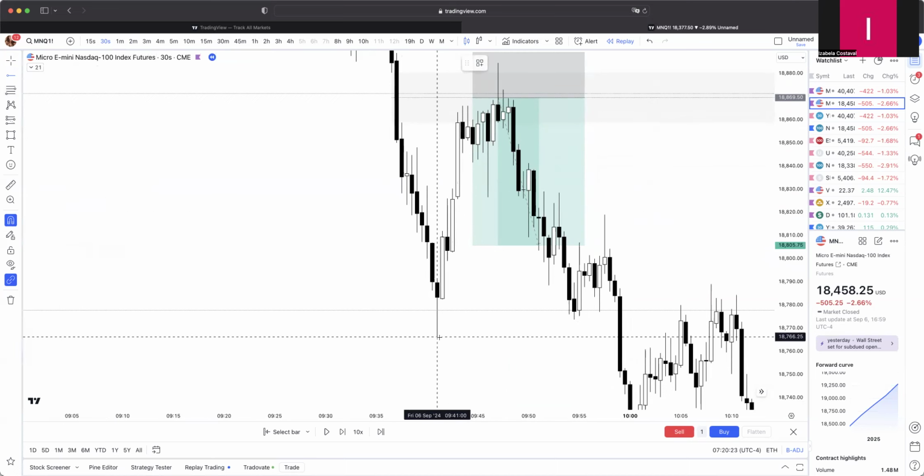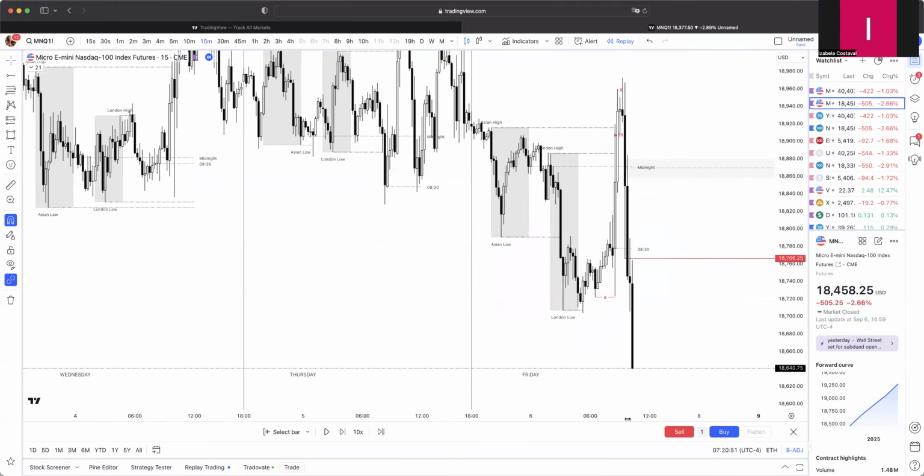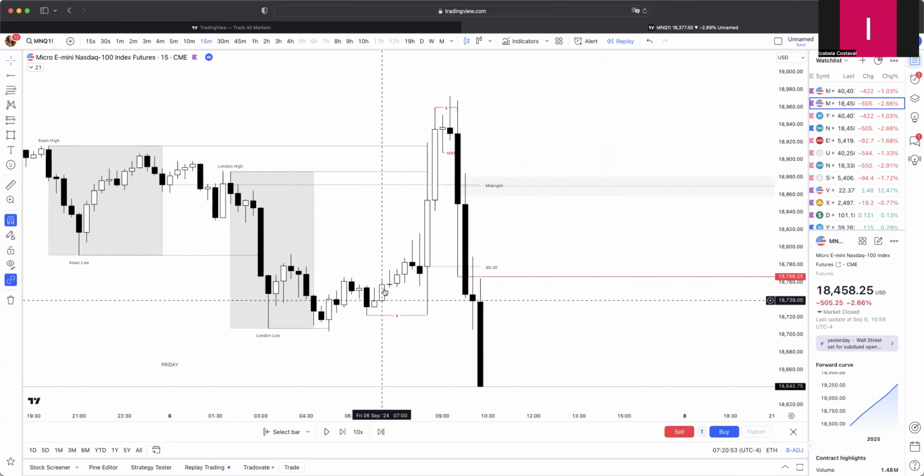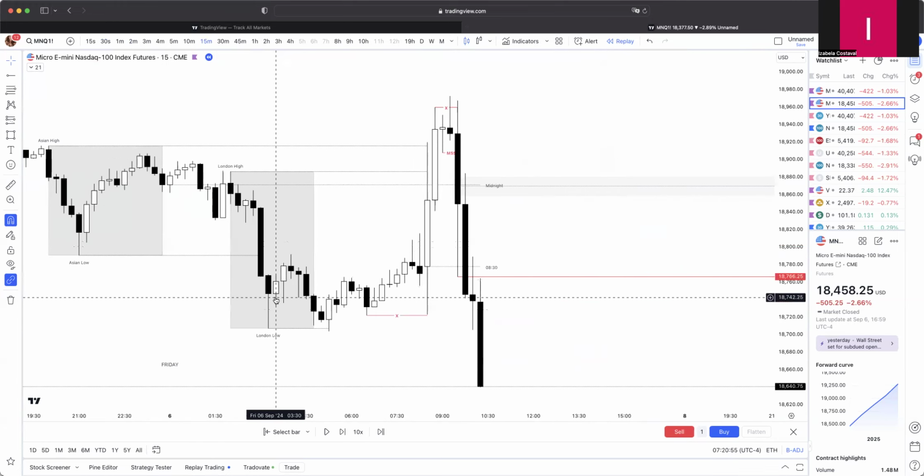And like I said, I like to mark my market maker buy and sell model on a little bit more of a high time frame. But as you can see, we had an accumulation. So that could have been your original accumulation, and then first distribution. Maybe 5 minutes makes it look better.